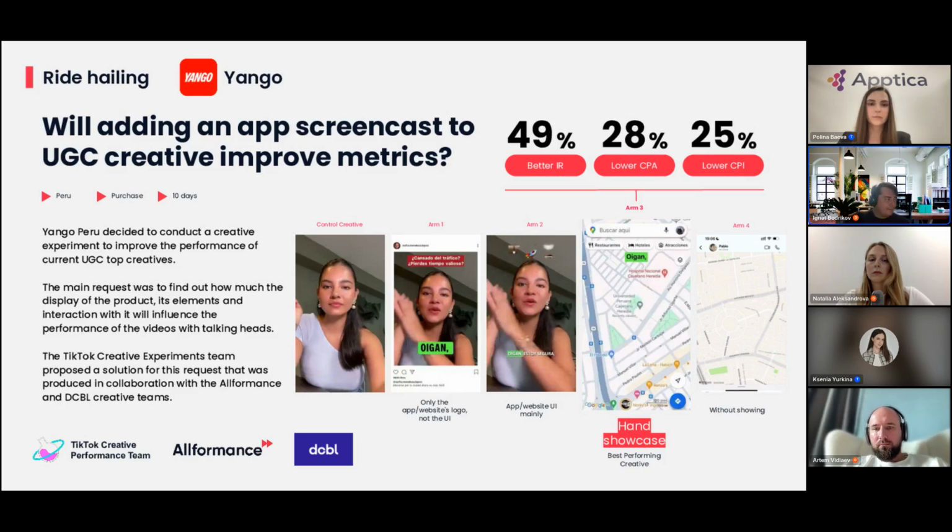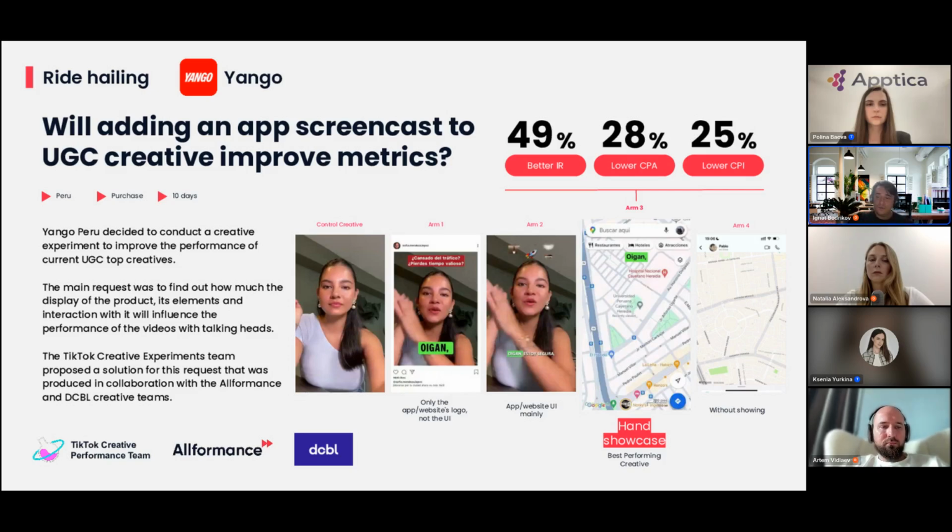And you know what? In this case, we see that not only pure UGC or even pure motion design works well. We can get better results by just combining them. As I mentioned previously, combining is the power.